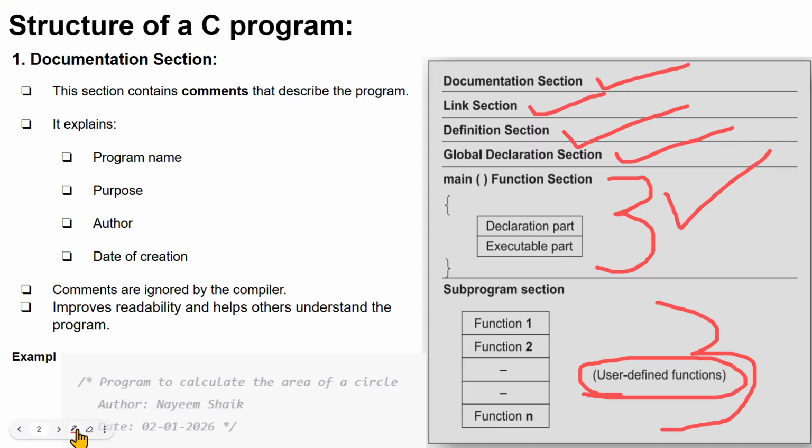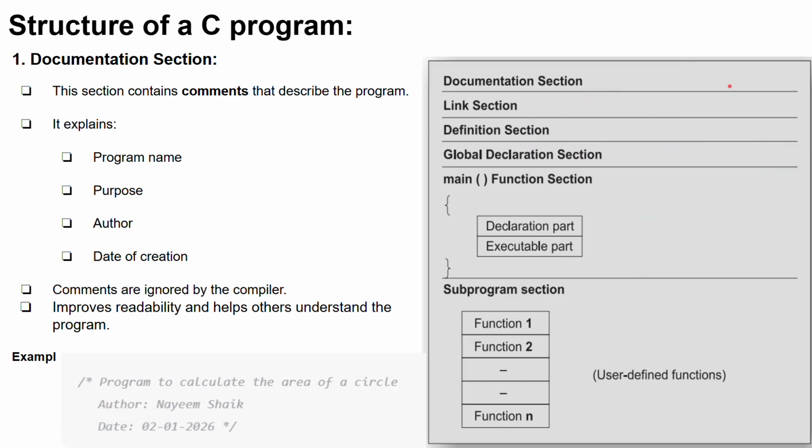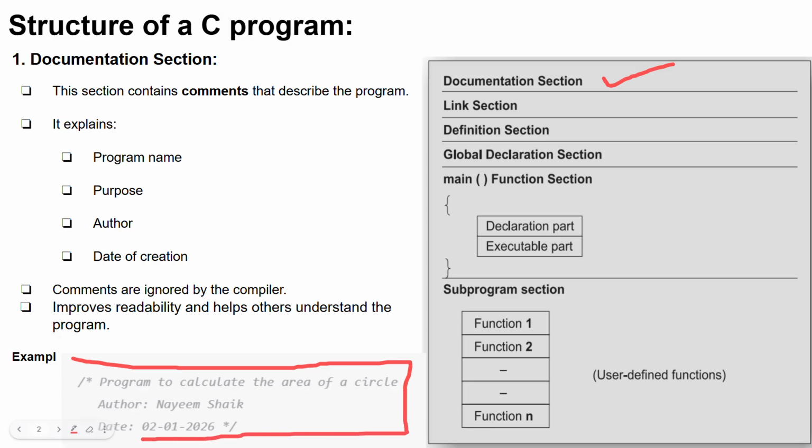First we will see the first section, that is called the documentation section. If I want to give some information to my program, I will give it in the documentation section. This is the example which gives the information to our program.